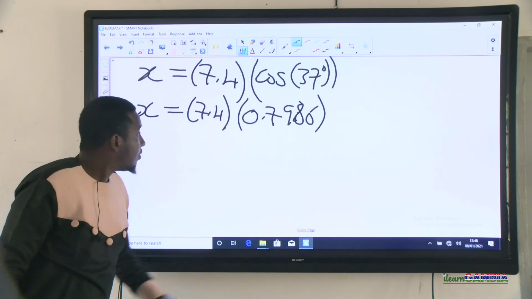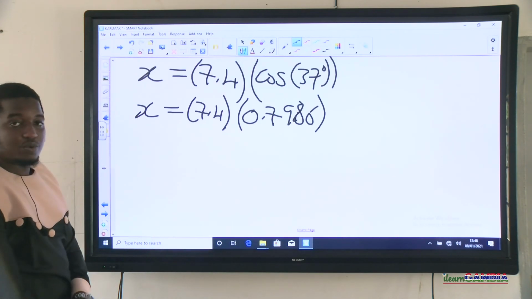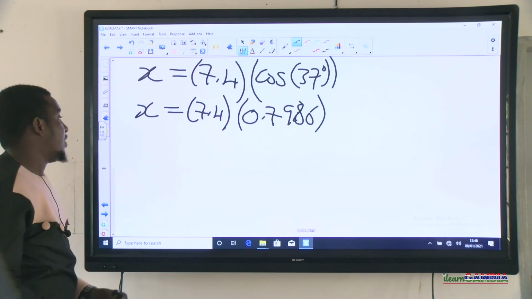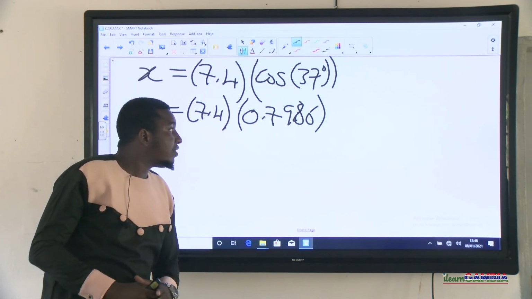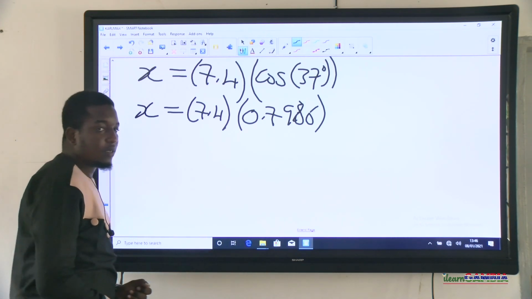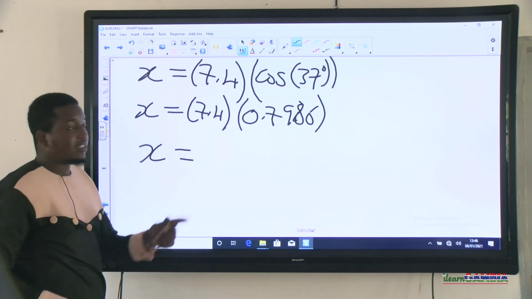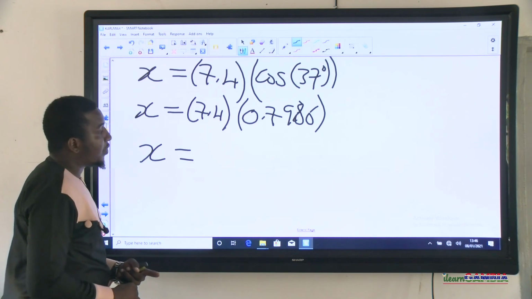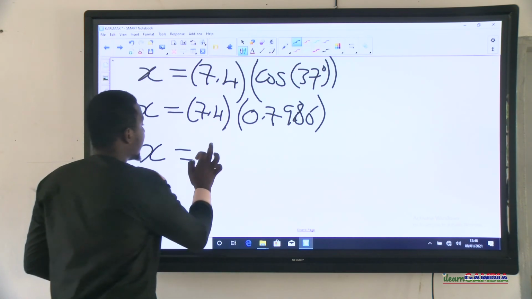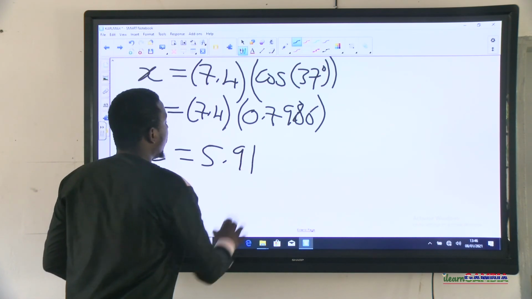Again, we move on. Now we have x is equal to 7.4 multiplied by 0.7986. When you multiply 7.4 with 0.7986, our answer is going to give us 5.91.